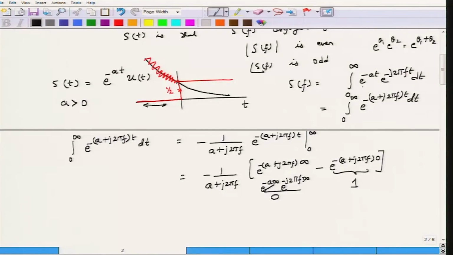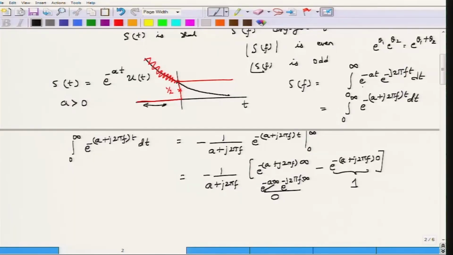What happens as f goes towards negative infinity? This quantity is actually not growing, but is an oscillating signal. However, this oscillating signal is getting multiplied by e to the power minus a infinity. This would not change. Whether f goes to negative infinity or positive infinity, e to the power minus a infinity is always going towards 0.